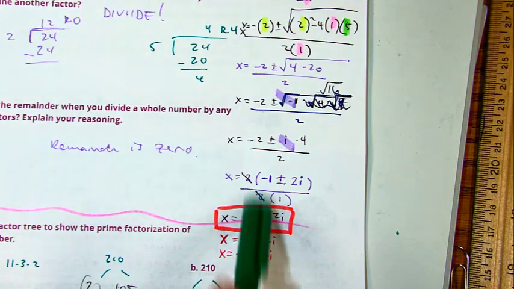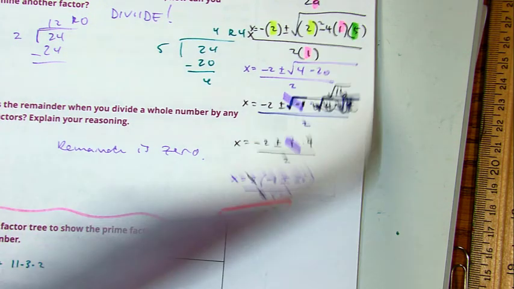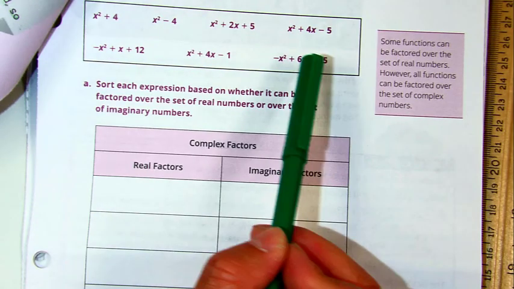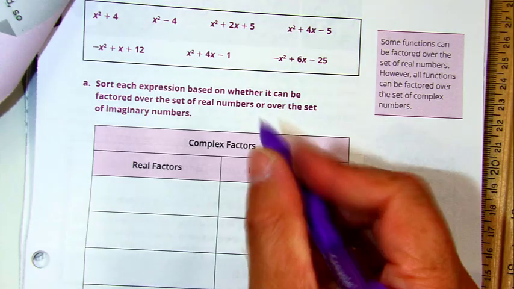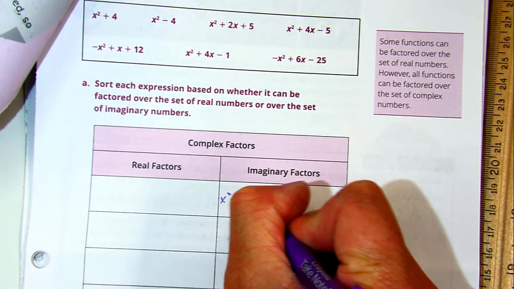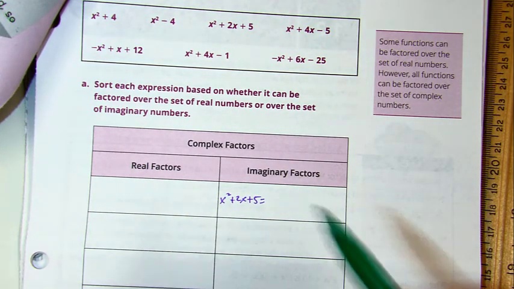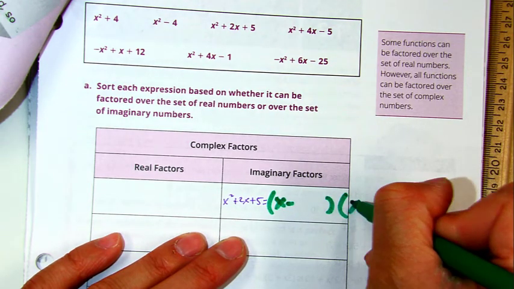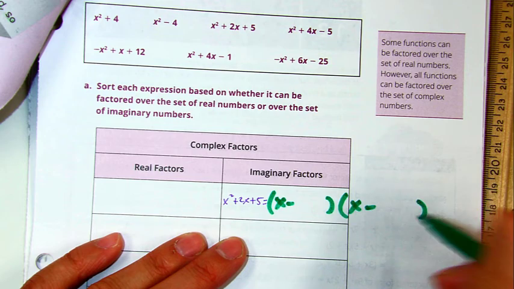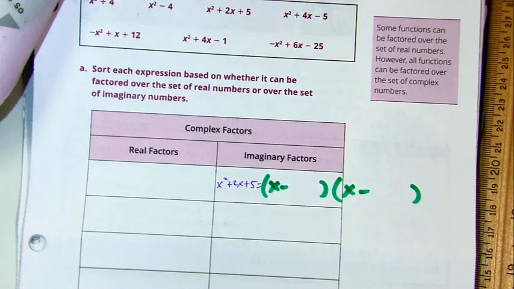So, in today's activity, if you go over to page 13, we just did this one here. And so, I would put x squared plus 2x plus 5, and I'm trying to use these colors to really point out what's happening here.